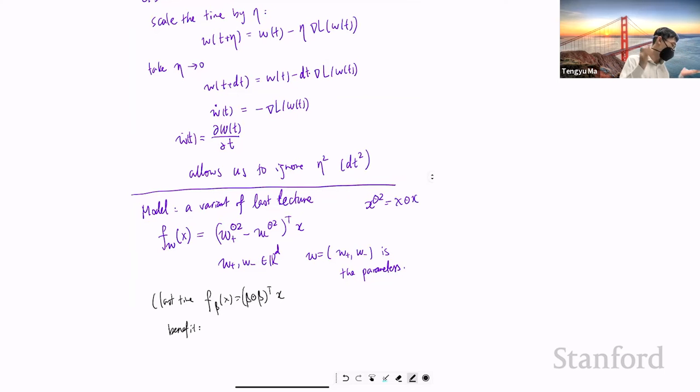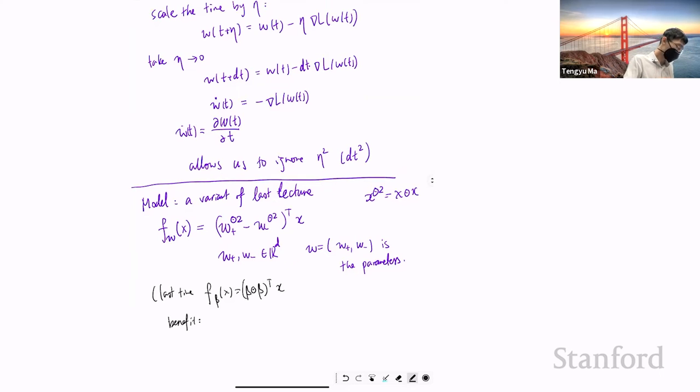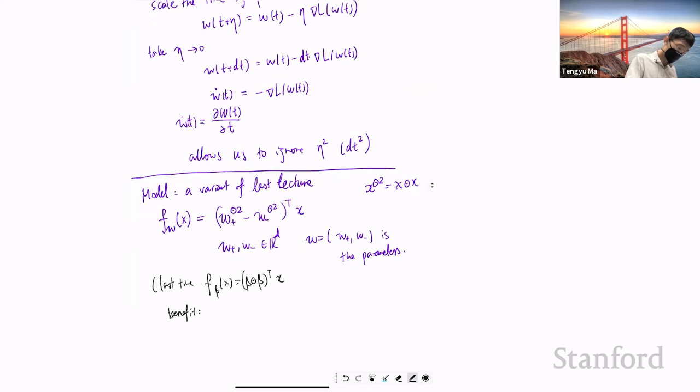They are not super important, but let me mention them anyway. The first is that the model last time can only represent a positive linear combination of x.